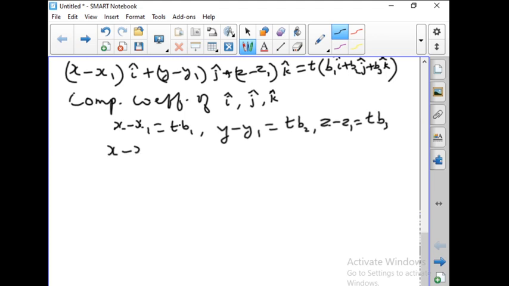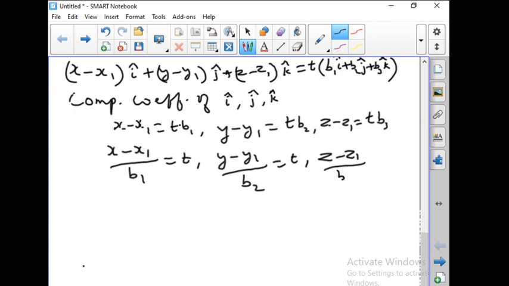x minus x1 by b1 is equal to t, y minus y1 by b2 is equal to t, and z minus z1 by b3 is equal to t. So, all are equal to t.